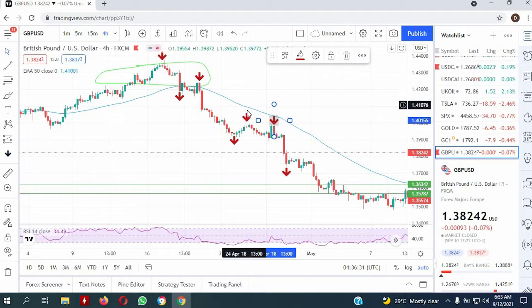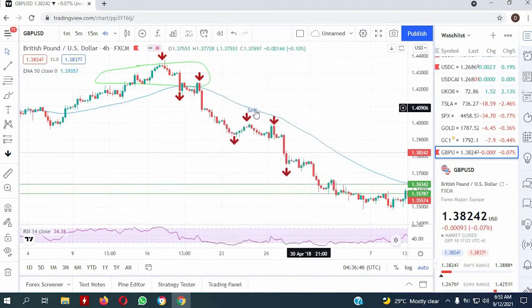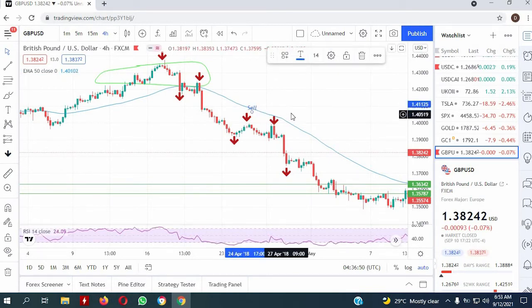So right here is where we look to make our first entry. So we sell right here. The market created another lower low and another lower high. So we look to sell right here.